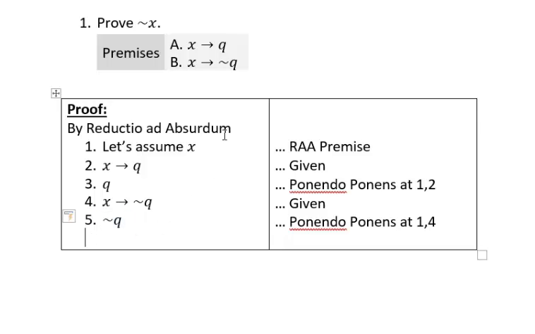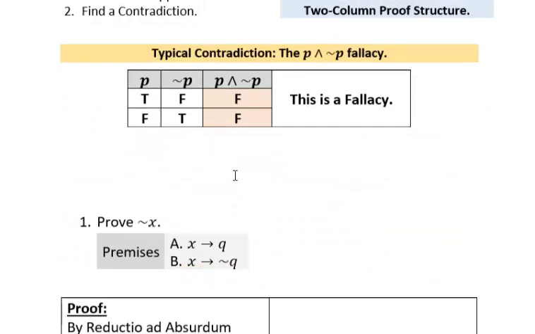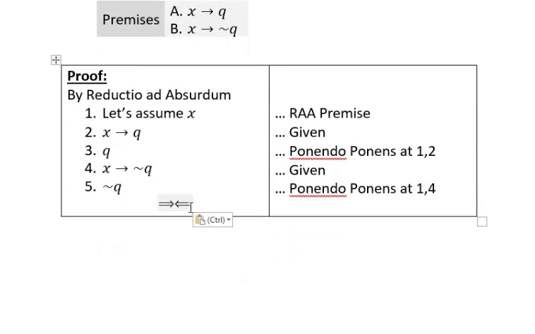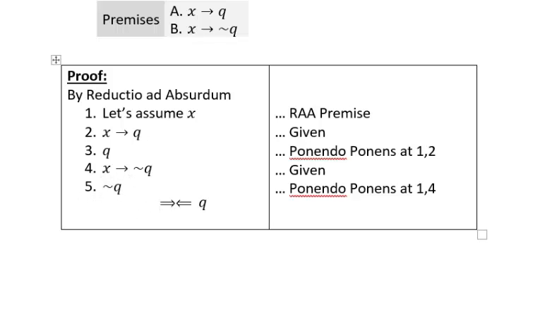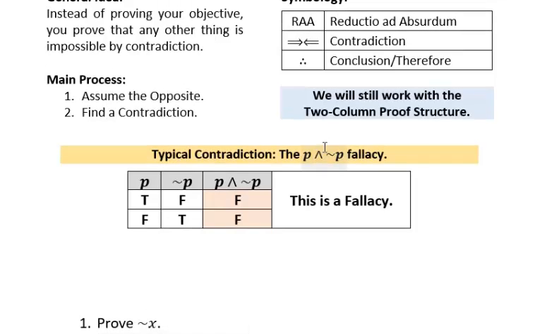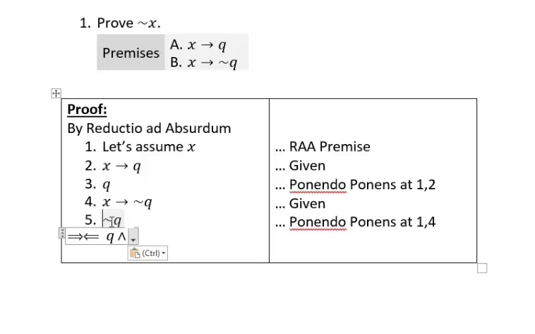So what I'm going to put next is the symbol of contradiction to explain that I found a contradiction. So I'm going to put the symbol of contradiction, and then I'm going to say that I have q and I also have the negation of q. I'm going to copy the symbol from here: q and negation of q.